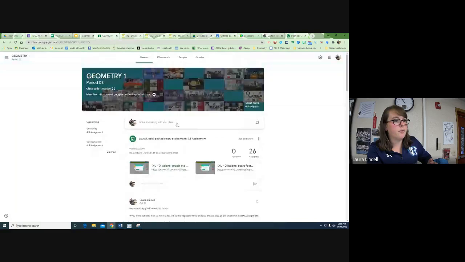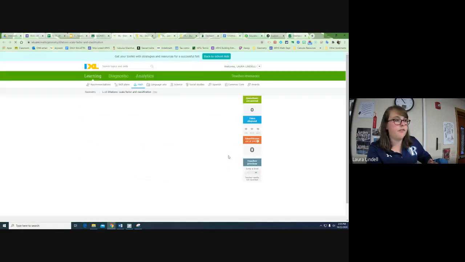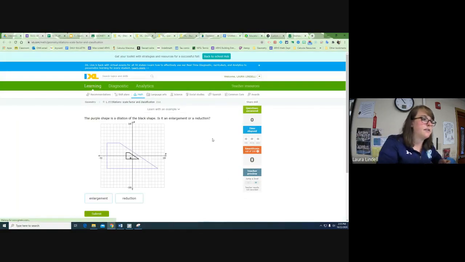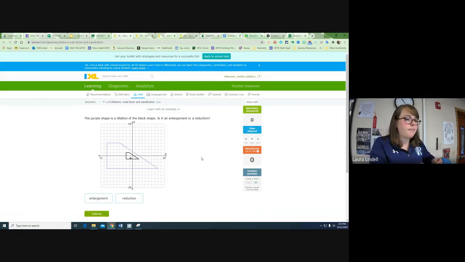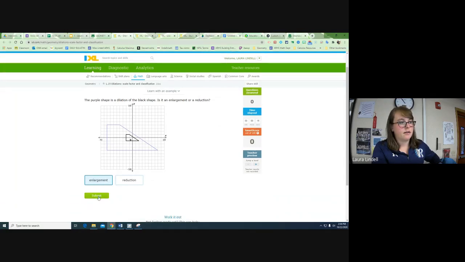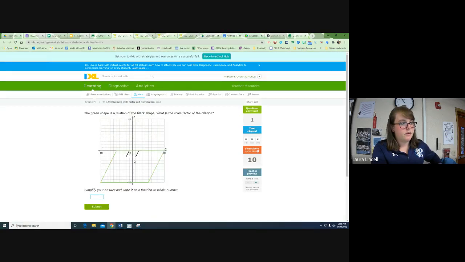And then the other one that we have is dilations, figuring out the scale factor and deciding if it's a reduction or an enlargement. So this one's very important that you read the question. The purple shape is a dilation of the black shape. That means the black shape came first and the purple one came second. That means we're dealing with an enlargement because the purple shape is bigger. The green shape is a dilation of the black shape. What is the scale factor?